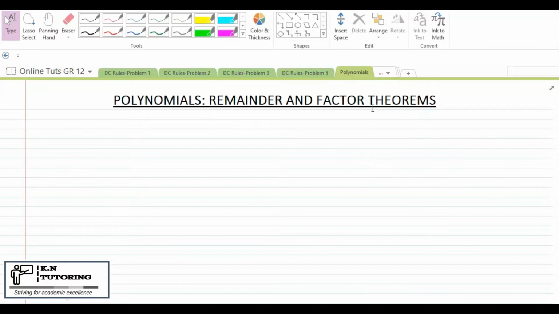So without wasting time, I'm just going to explain the terminologies looking at polynomials, remainder and factor theorems, and I'm not going to dwell too much on examples, but I will go straight into application of these theorems, where I'll be talking about your long division, synthetic method, and what we call the inspection method, because like I said, in the next video, I'll be covering sketching of cubic graphs, and you need these theorems so that you can solve those problems.